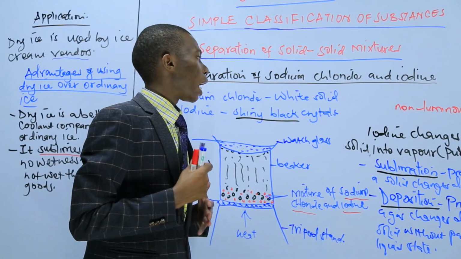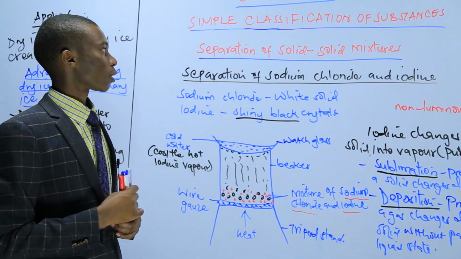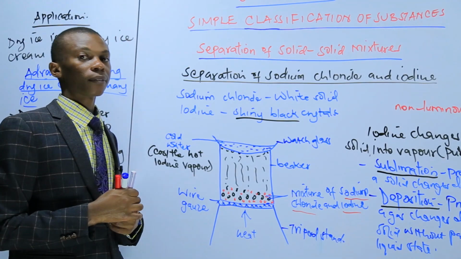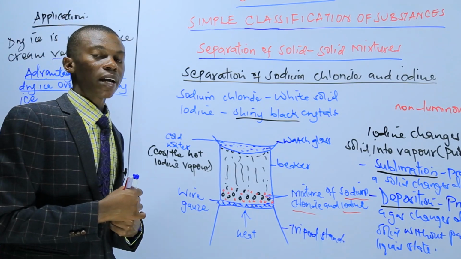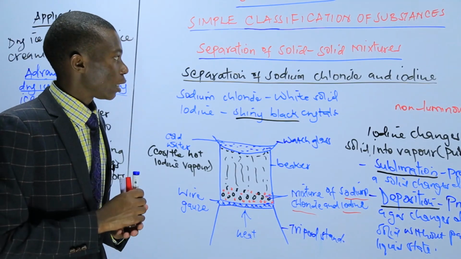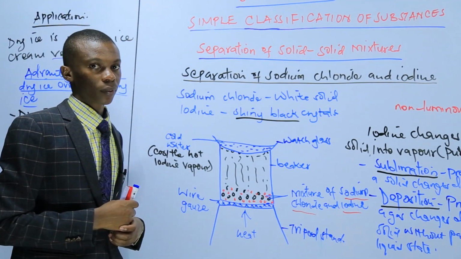And I want maybe to go through what we have discussed in this lesson. In this lesson, we were discussing separation of solid-solid mixtures, and our solid-solid mixture was sodium chloride and iodine.